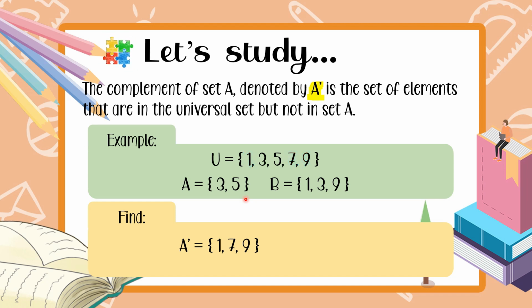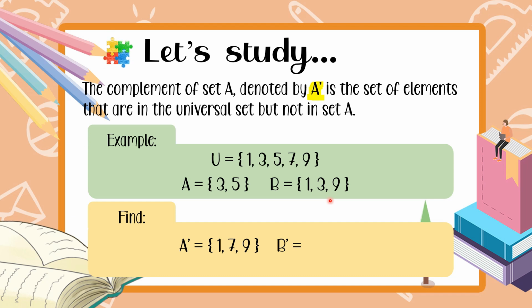How about B prime? So, B prime naman, lahat ng elements na wala kay B, pero nasa universal set. Tingin ulit sa universal set, we have 1, 3, 5, 7, and 9. Then, tingin naman kay set B, we have 1, 3, and 9.